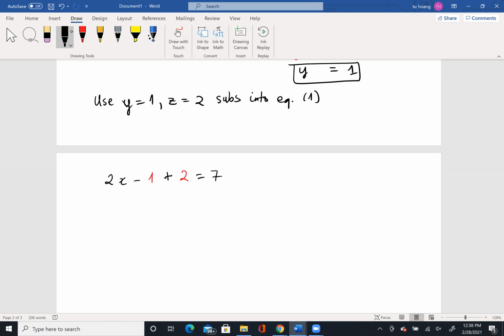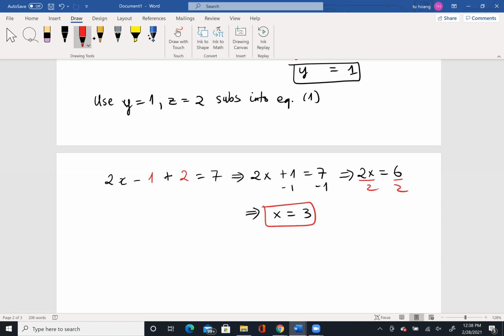And simplify the left-hand side, you will have 2x plus 1 equal to 7. And then you subtract 1 from both sides. You're going to have 2x equal to 6. And then divide by 2 on both sides, and you will get x equal to 3 as the last variable.